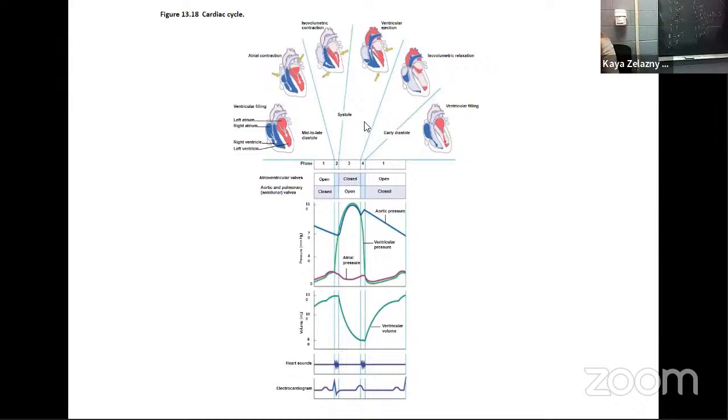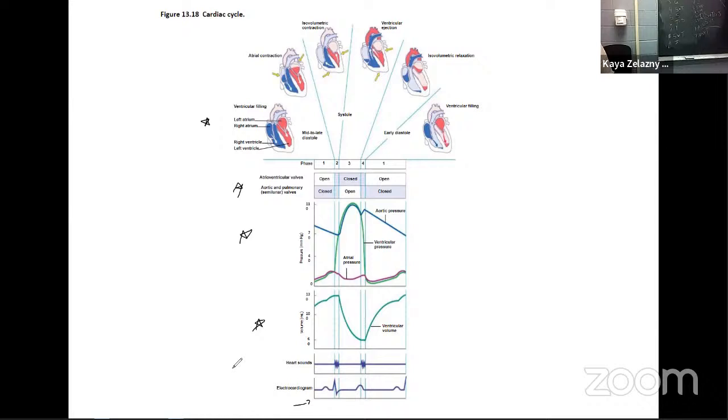So this is just that whole graph again, right? So we've talked about where the blood is. We've talked about the valves. We've talked about the pressures, talked about the volumes. And before, we looked at our electrocardiogram on Wednesday, so we can compare how that matches up to these phases as well.